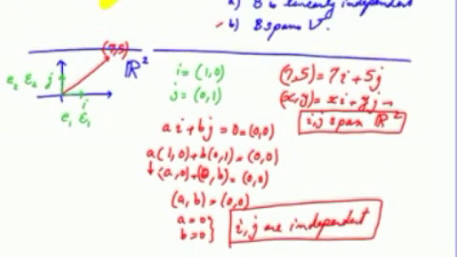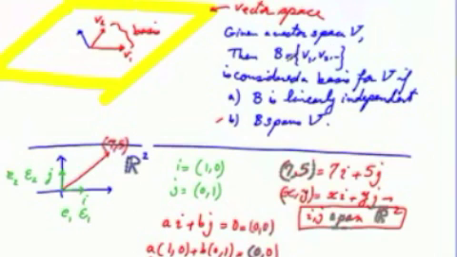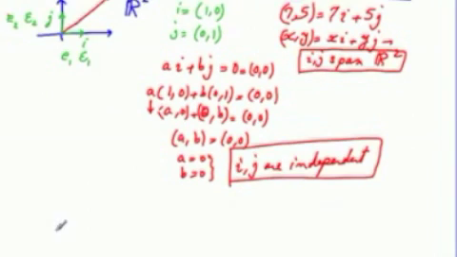So according to this definition, if you can span the whole given space and they are linearly independent, you call them a basis. So here we express this fact like this: this set I, J is a basis for R2.